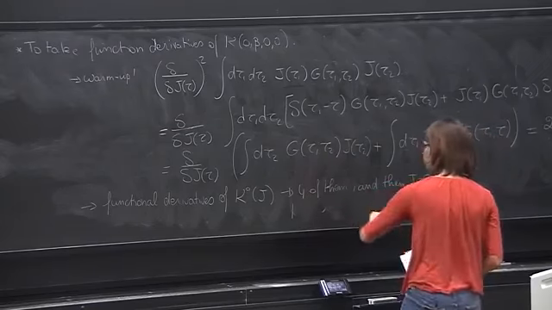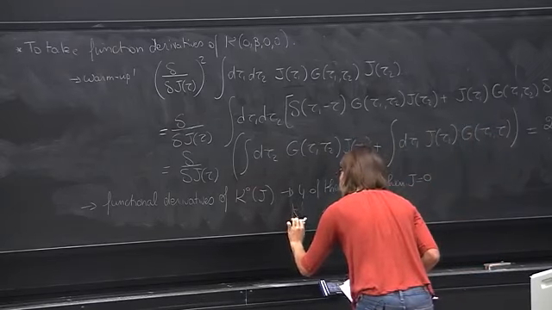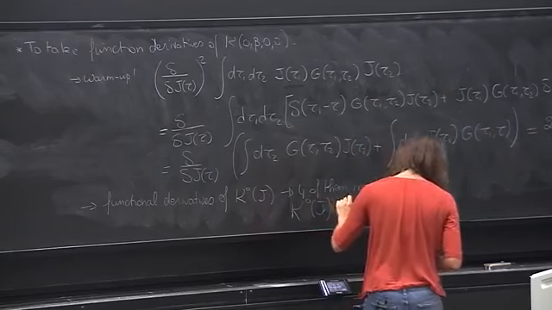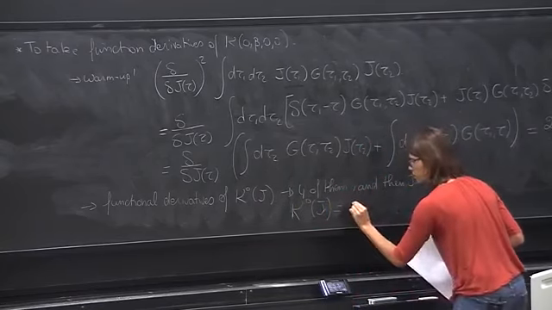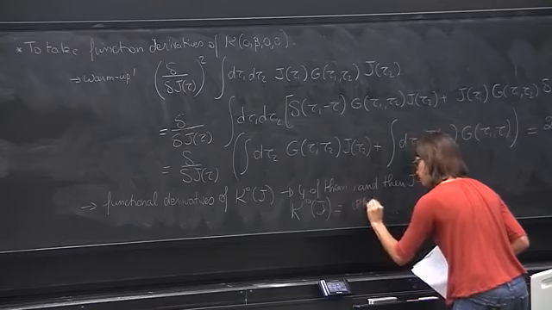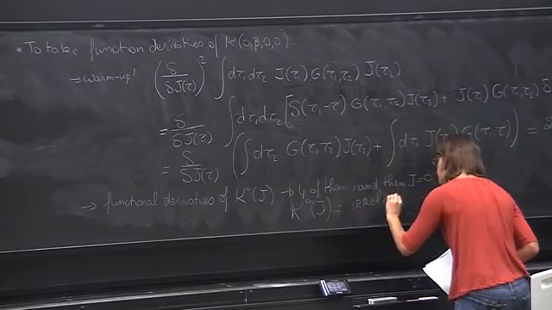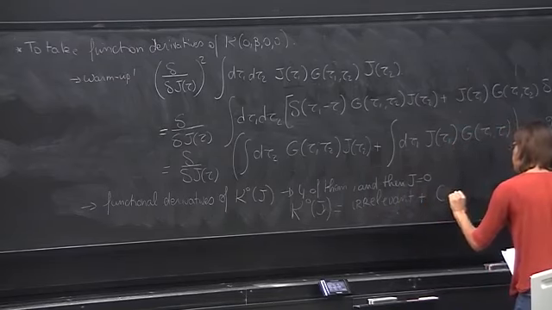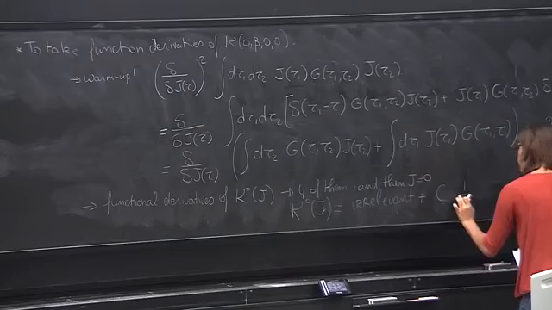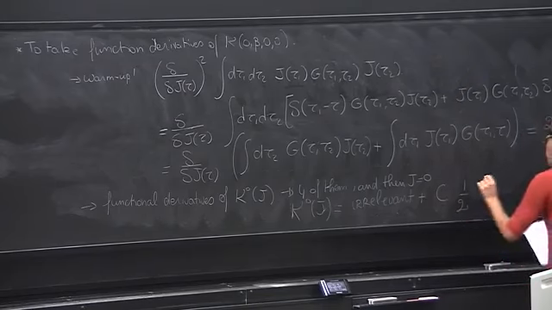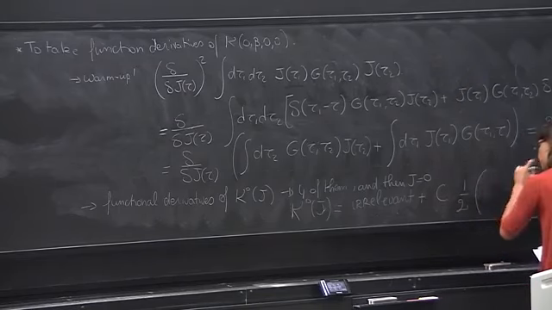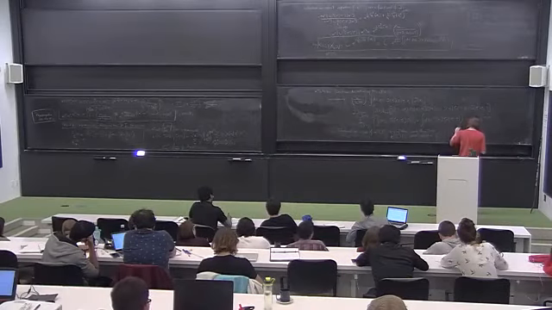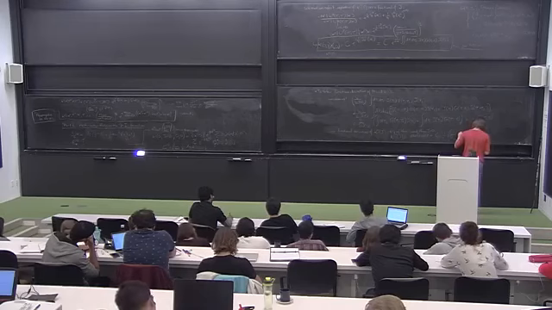So we are really only interested in the terms which are quartic in J, meaning that we want to find something that is going to be irrelevant for us, plus C times, and it's going to come from the quadratic term in the expansion in lambda. So no, in J, sorry.